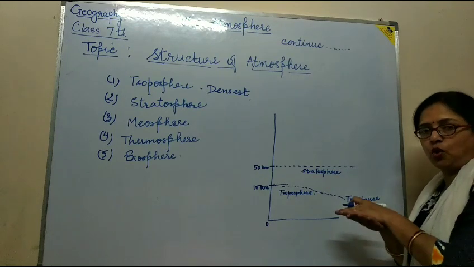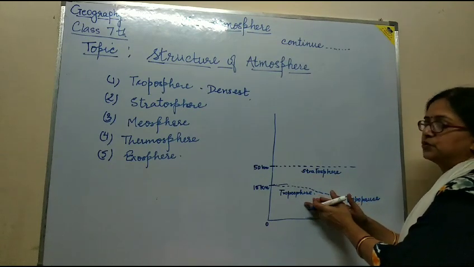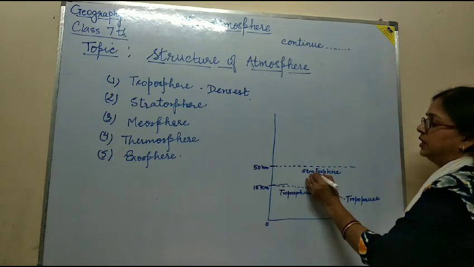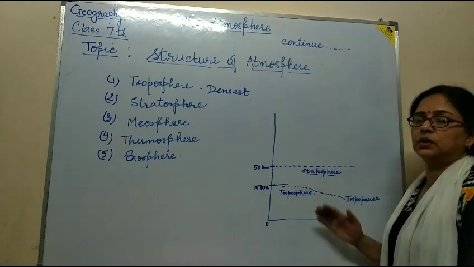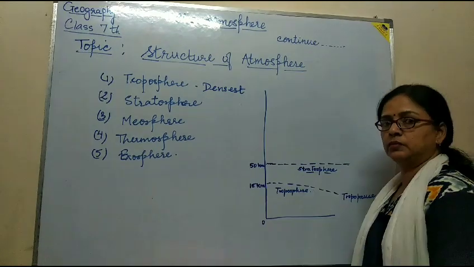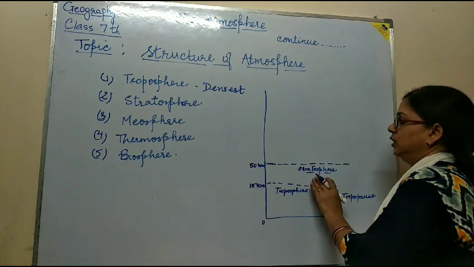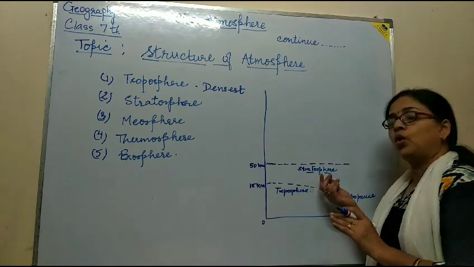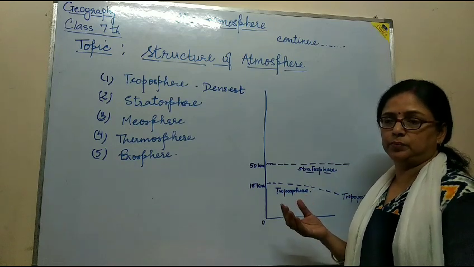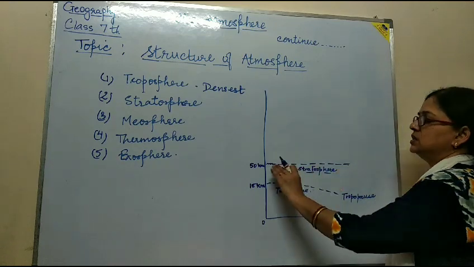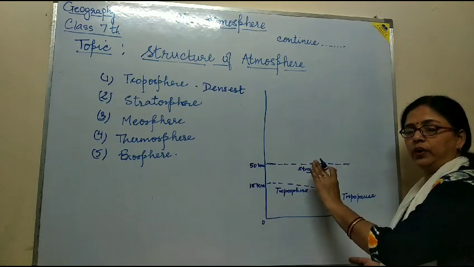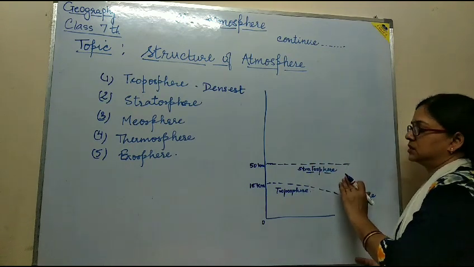Pause means to stop. Up to here is the troposphere, and the next one is the stratosphere. So the second layer from the Earth's surface is the stratosphere. In this layer we do not find any weather related phenomena. It is disturbance free, no weather activities take place.